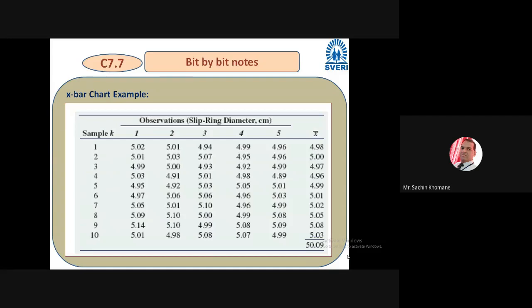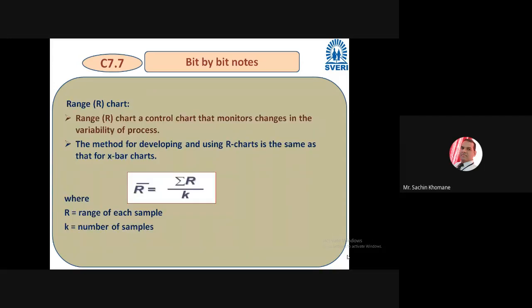Then we have seen an example of how we should calculate the mean. Okay, so you can take various samples and you can calculate its mean. So that exercise we have seen. Then we have understood the meaning of range and how R bar can be calculated: summation of range divided by k, that is the number of samples.